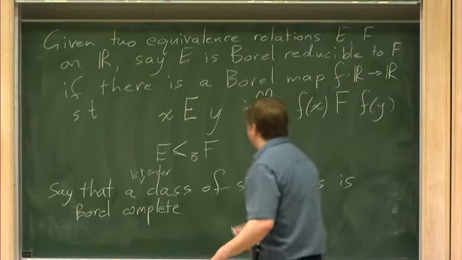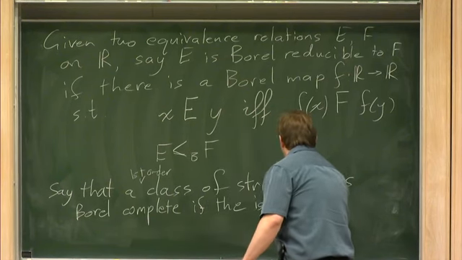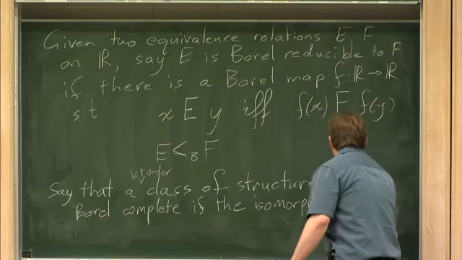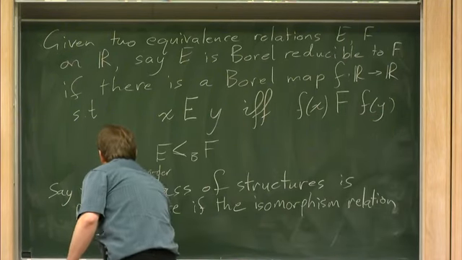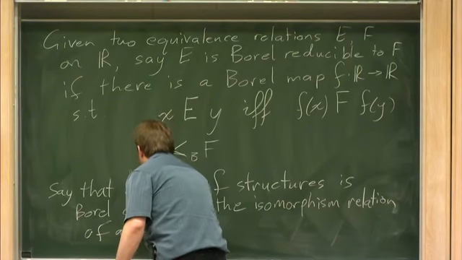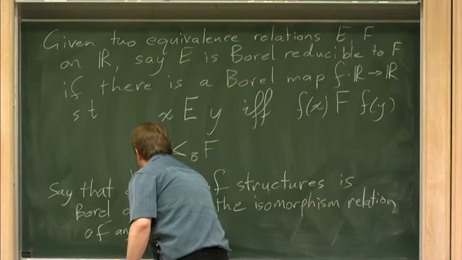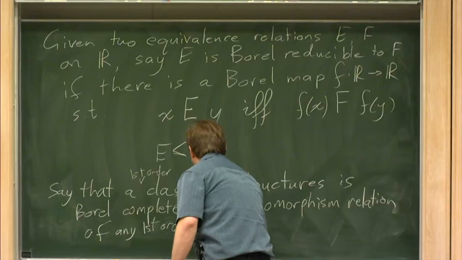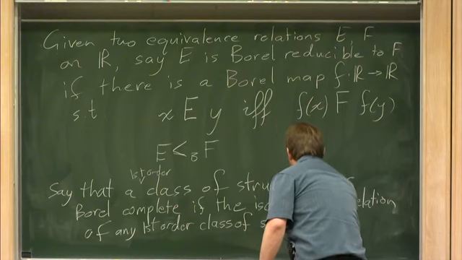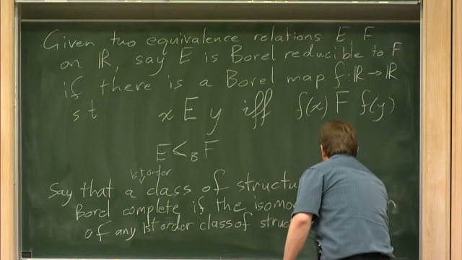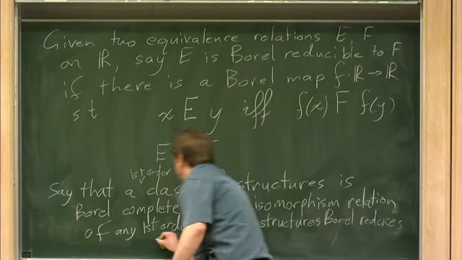So that class of structures is Borel complete if the isomorphism relation of any other first order class of structures Borel reduces to its isomorphism relation.